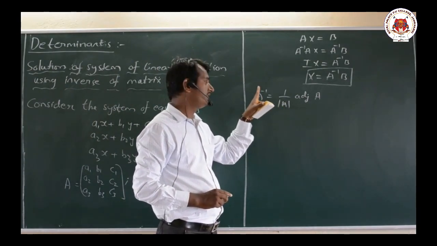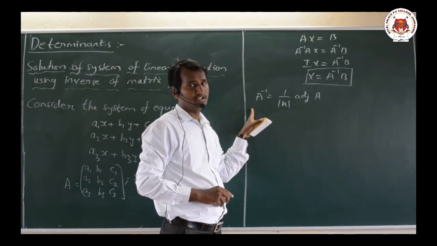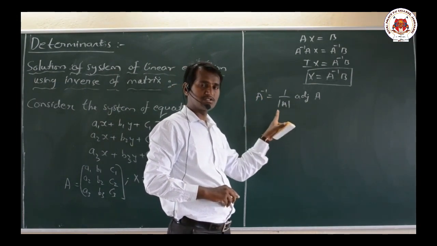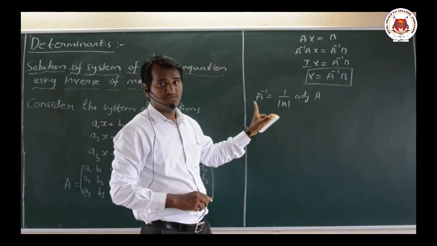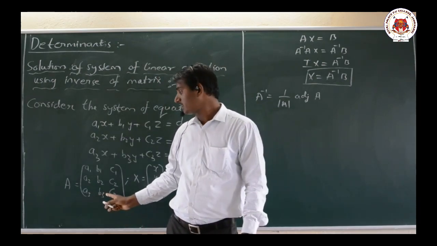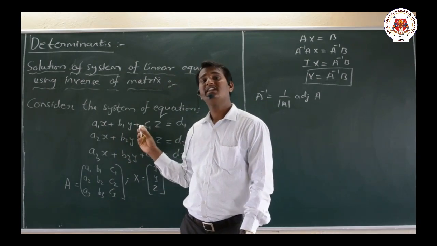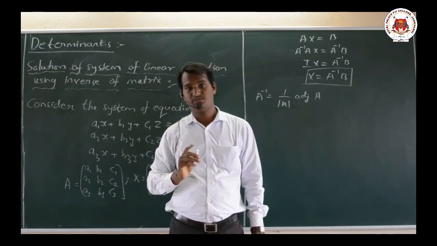Only if it is non-singular can we find the inverse. And if this matrix is singular, that means the system of equations is inconsistent, we can't find the solution of it.